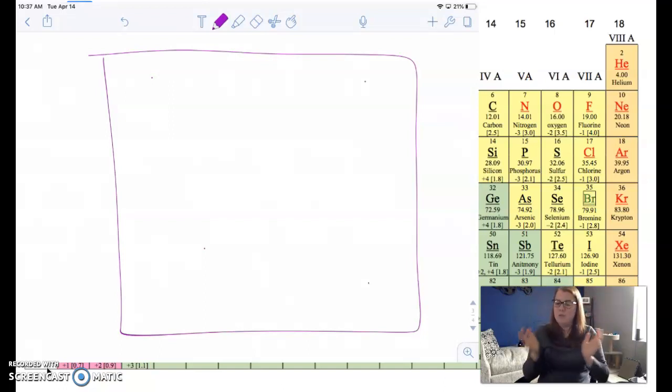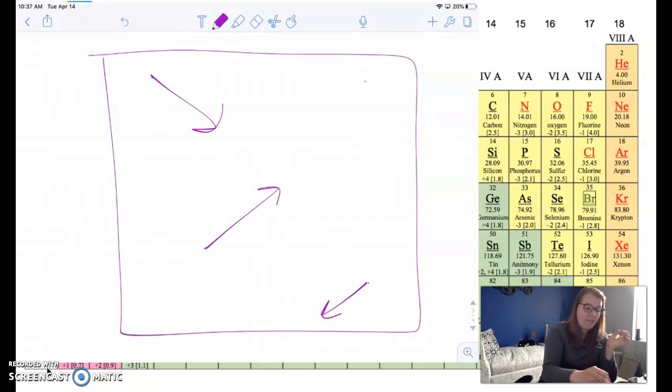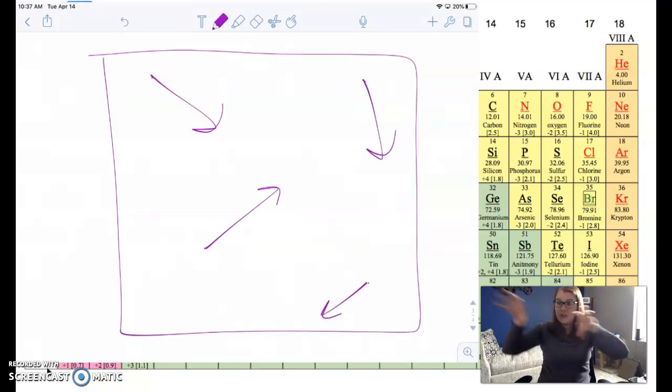The reason that the balloon takes up space is because these particles are constantly randomly moving at very high speeds. This constant motion maintains the shape of the balloon and maintains that volume as well. So that would be a better depiction of what this would look like.